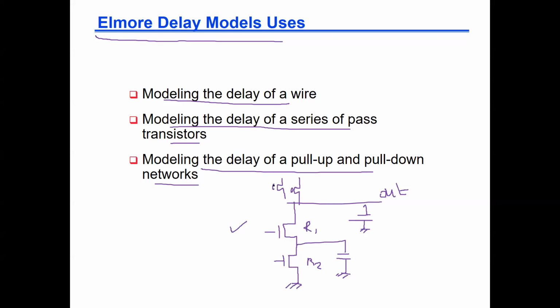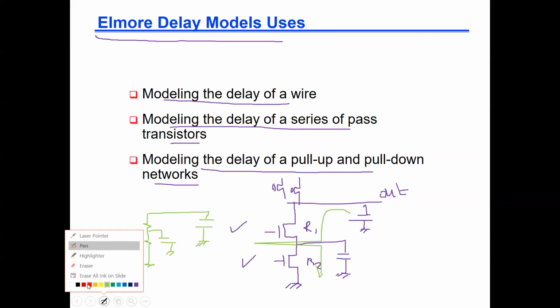Okay, and now if I'm looking at the delay to pull down the output node, I will really invoke an Elmore delay network which consists of R1, R2, and the capacitors that are here. My target, when defining the source, is the most important thing in defining this.